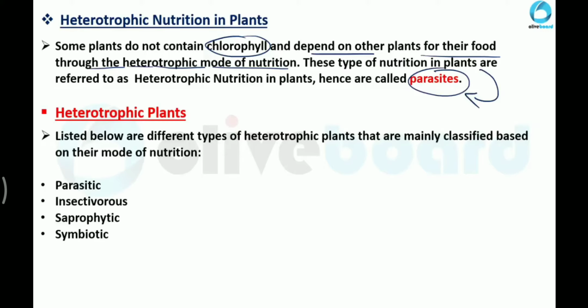Understood? Now, there are different kinds of heterotrophic plants. One is parasitic, one is insectivorous, one is saprophytic, and the fourth one is symbiotic.